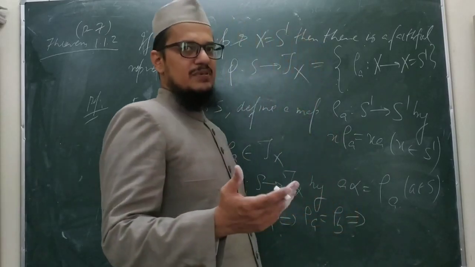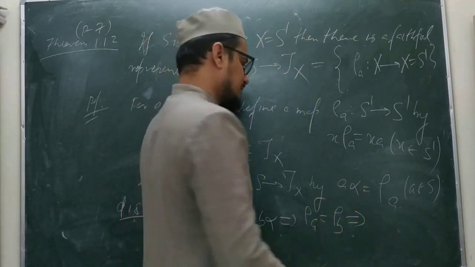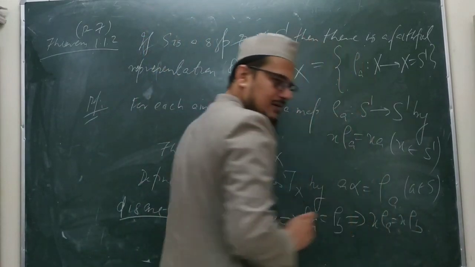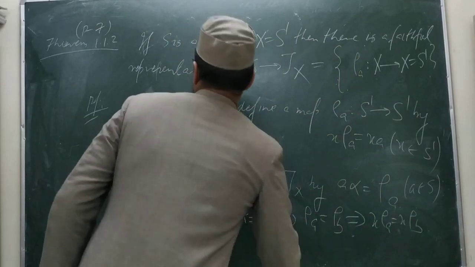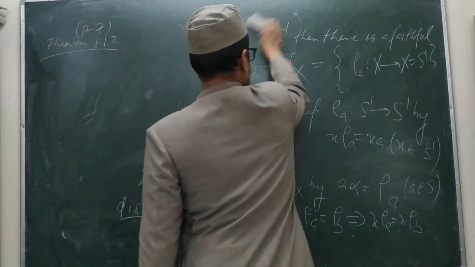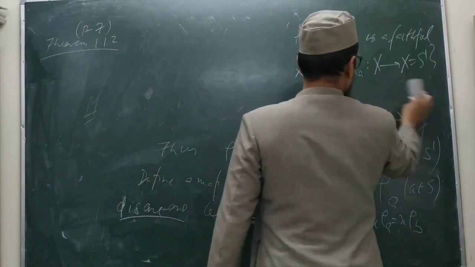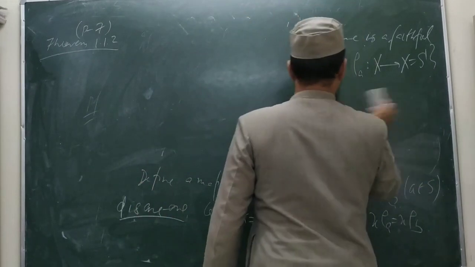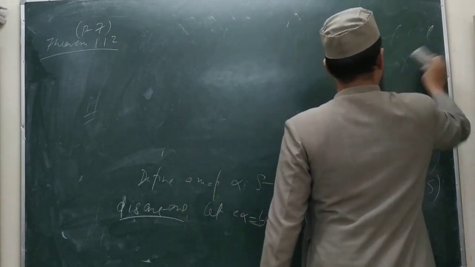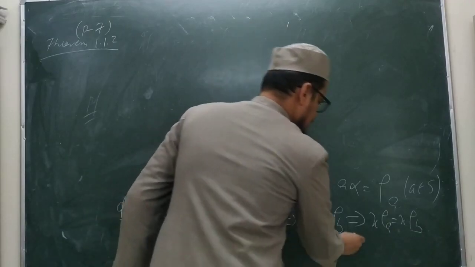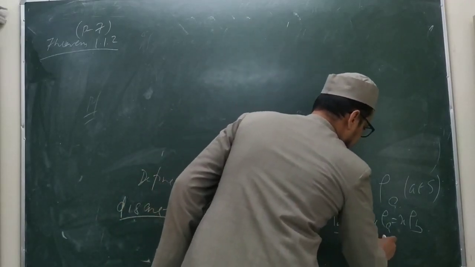When two maps are equal, it means that they are equal at every point. That means xρ_A is equal to xρ_B.